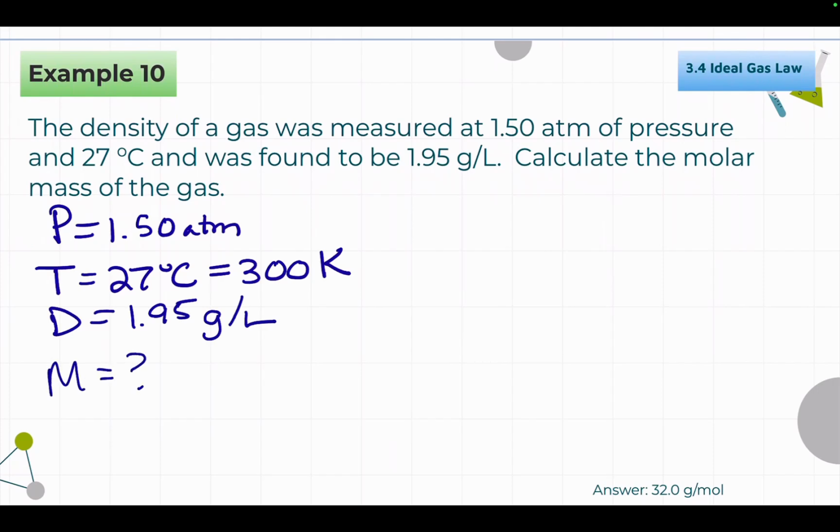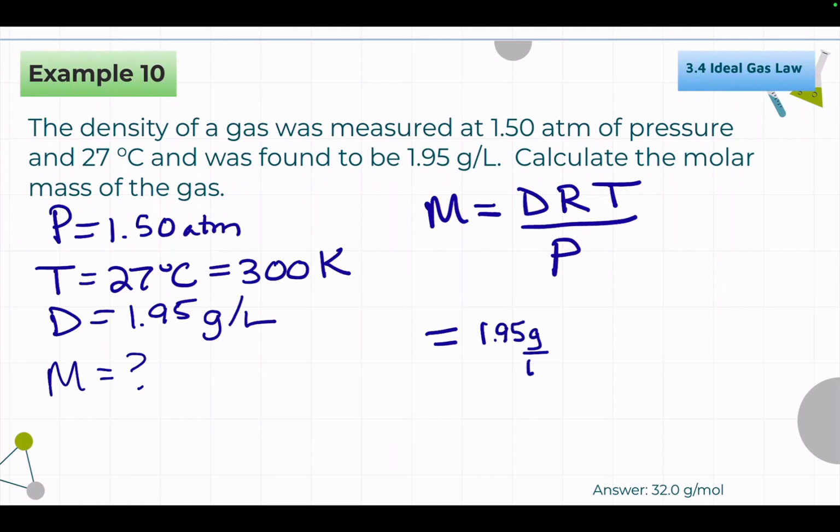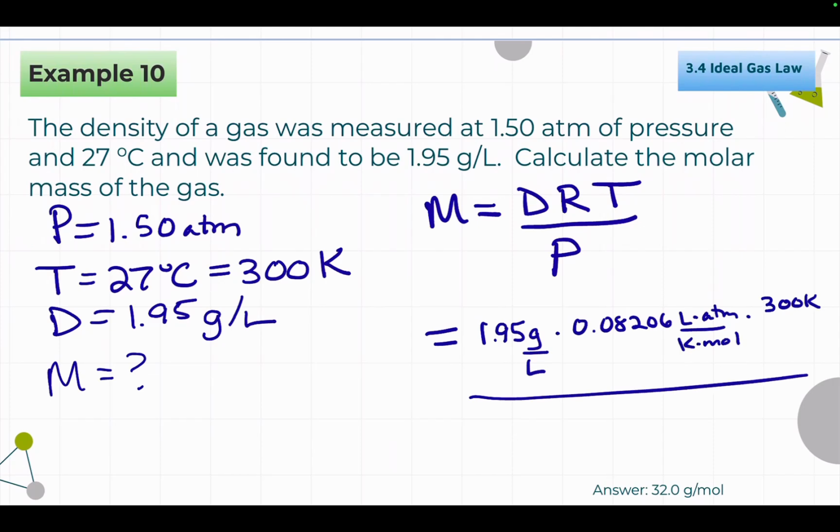So we're going to use the form of the equation that we just derived, taking the density times the ideal gas law constant times temperature over pressure. So I'm going to take my density times, I'm going to put my units in, all over my pressure.